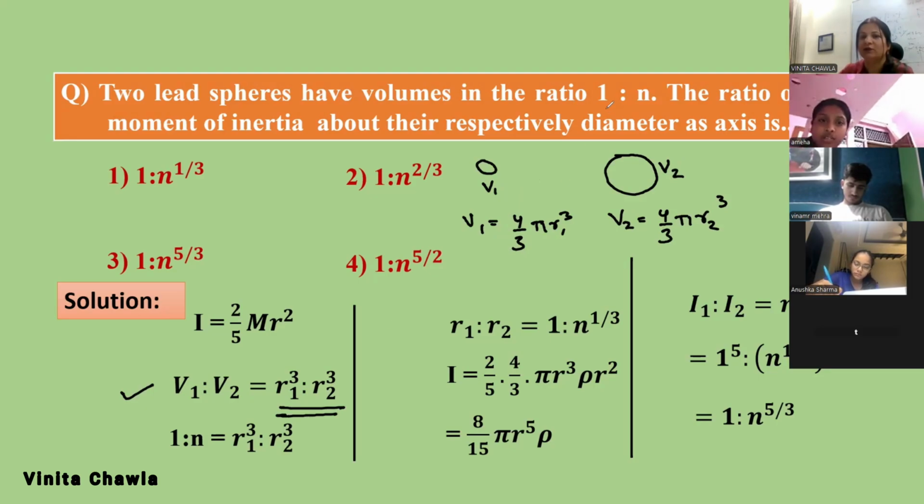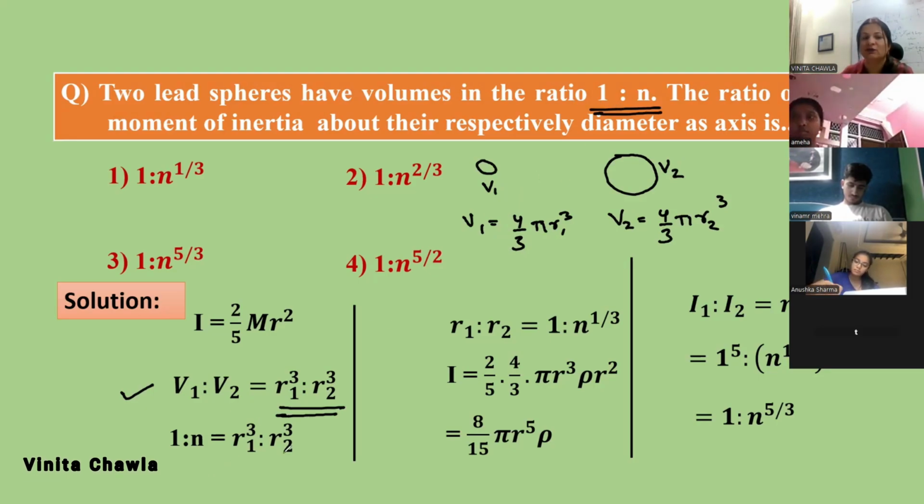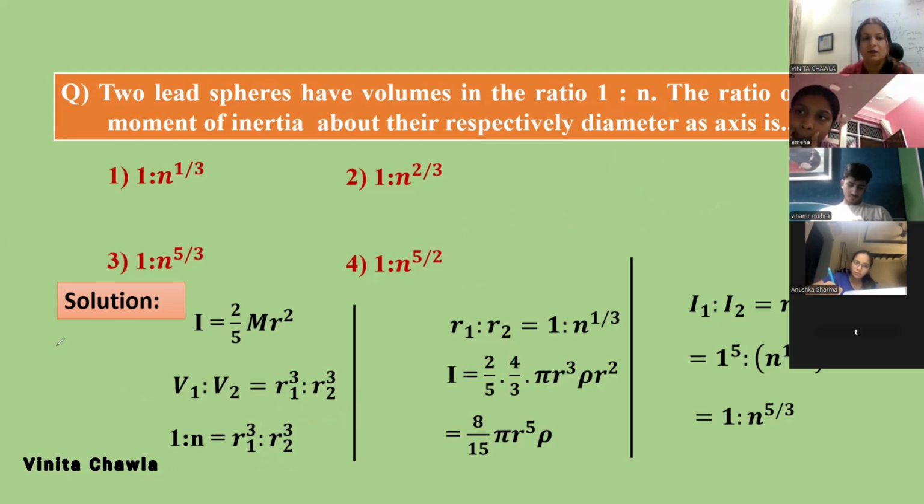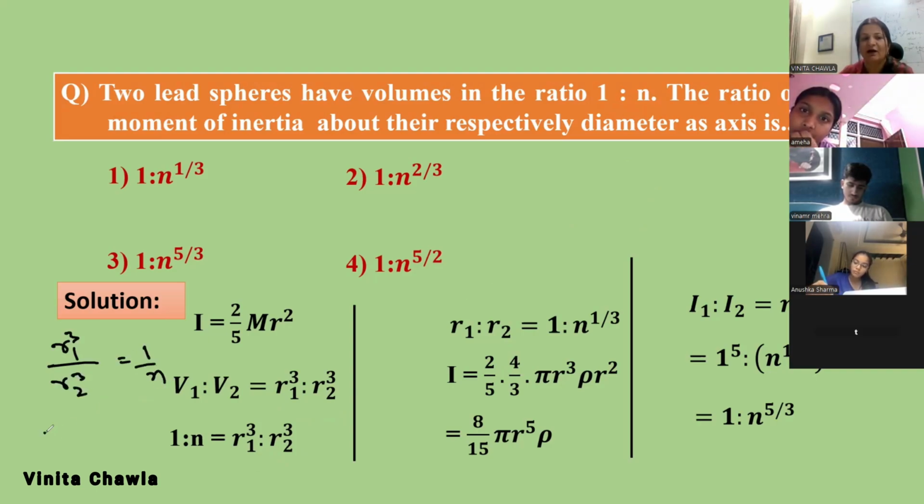Now this ratio is given to us, it is 1:n. So R1 cube is to R2 cube is 1 is to n. So R1 cube by R2 cube is 1 by n. So we can write R1 by R2 as cube root of 1 by n. Or we can write this as 1 by n raised to the power 1 by 3.